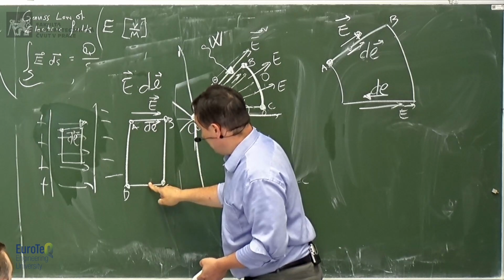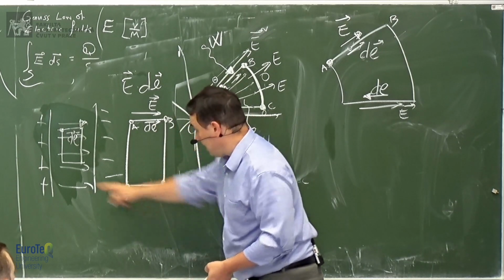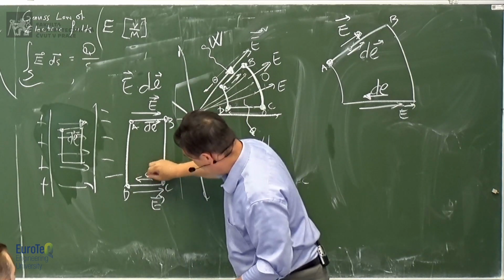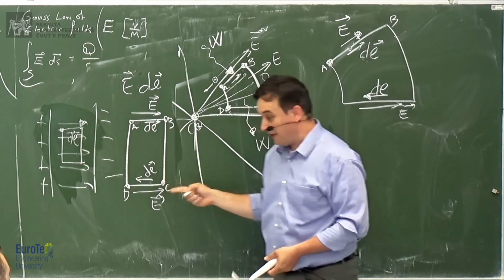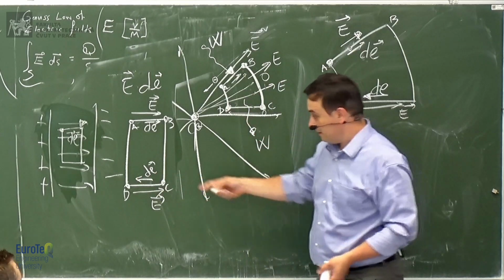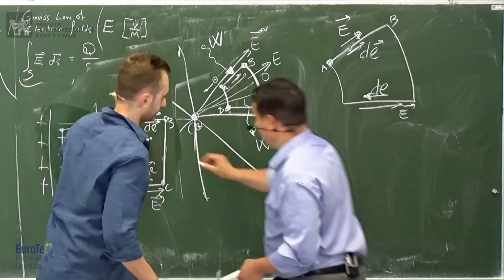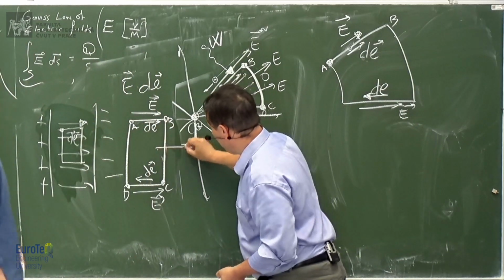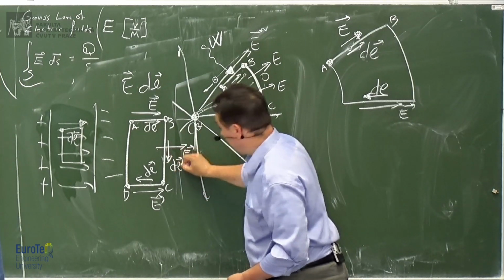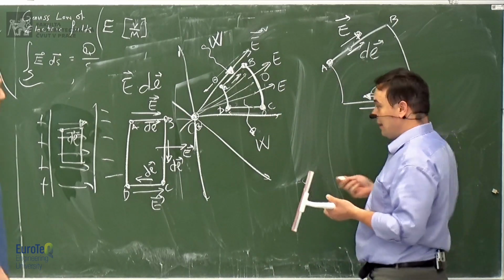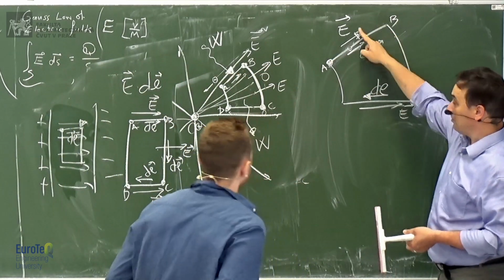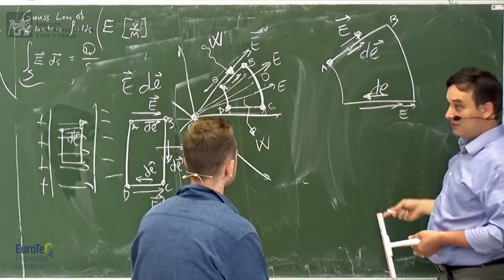The opposite happens here, because E is still the same, but the unit vector of the path that I'm doing is in the opposite direction. When we're going down, it doesn't count because it's orthogonal. Here you have E in this direction, but dl is orthogonal, and the dot product of that is 0. This direction is positive, this direction is negative because the unit vector is opposite.